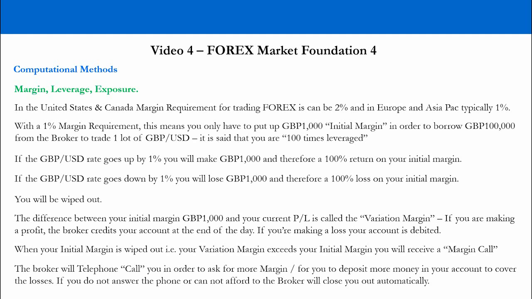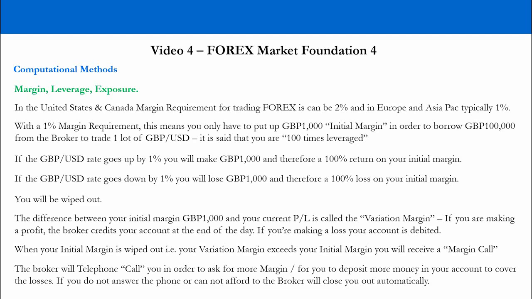So if the cable, sterling US dollar, rate goes up by 1%, you're going to make £1,000 and you're going to make a 100% return on your initial margin. If the cable rate goes down by 1%, you'll lose £1,000 and therefore you're going to lose 100% of your initial margin. So you'll be wiped out and you'll get what's termed a margin call.